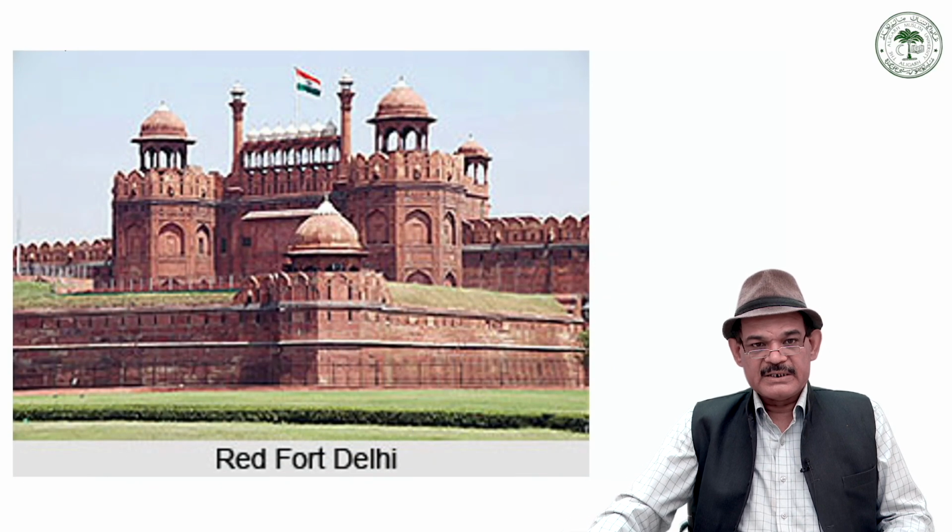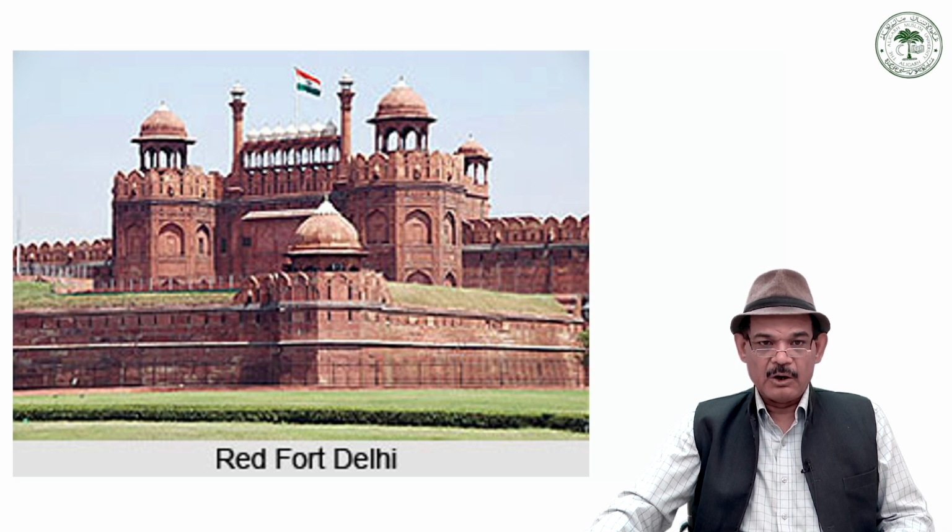This slide depicts the Lahori Gate. One thing: this Lahori Gate has an outer enclosure to the gate, known as the Barbican, or curtain. One cannot reach the main gate directly.